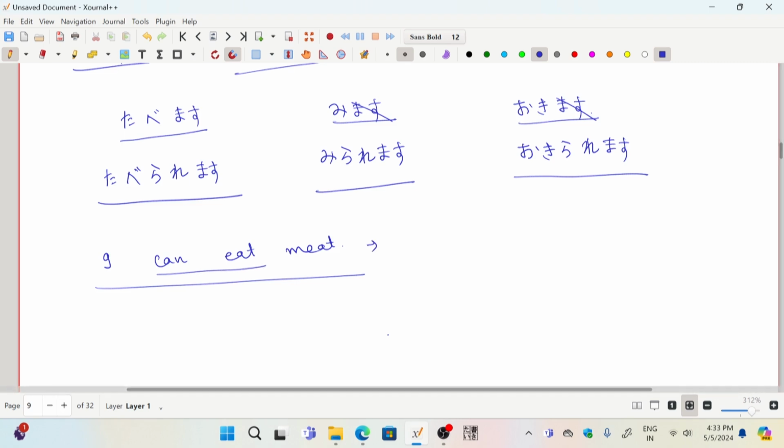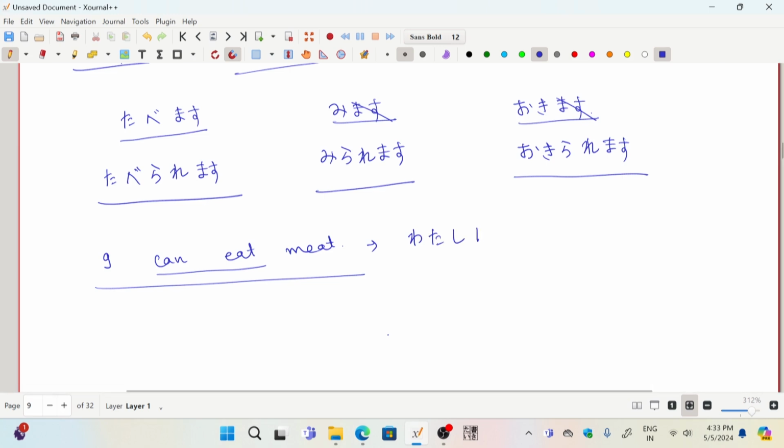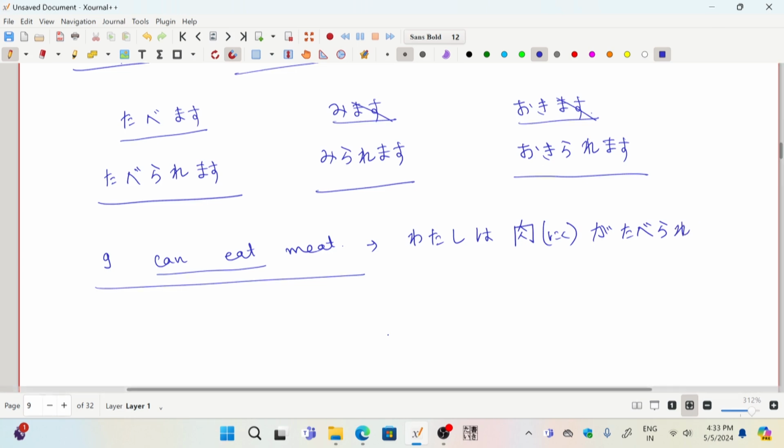So we can use: watashi wa niku ga taberaremasu. Niku is meat. Watashi wa niku ga taberaremasu. I can eat the meat.